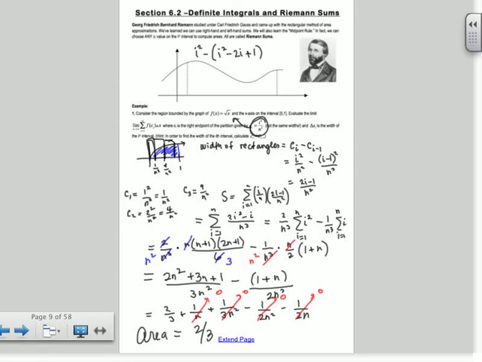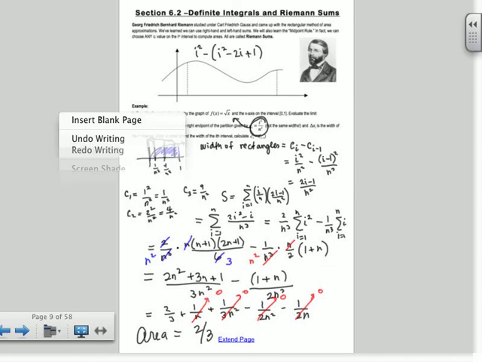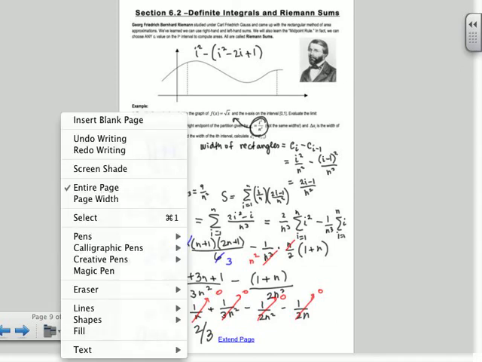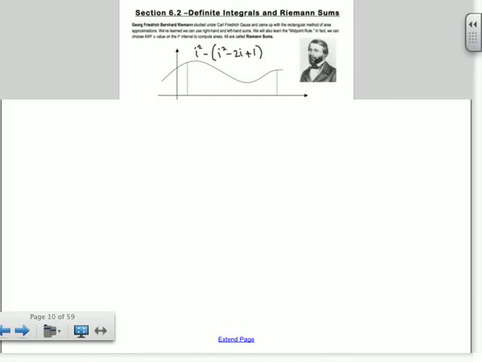I also cheated and showed you the shortcut yesterday, which I really shouldn't show you before you learn all this, but I'm such a nice teacher that I decided to. So the shortcut was you have the square root of x and you're going from 0 to 1. What do you take the derivative of in order to get the square root of x? That's a hard thing to ask.